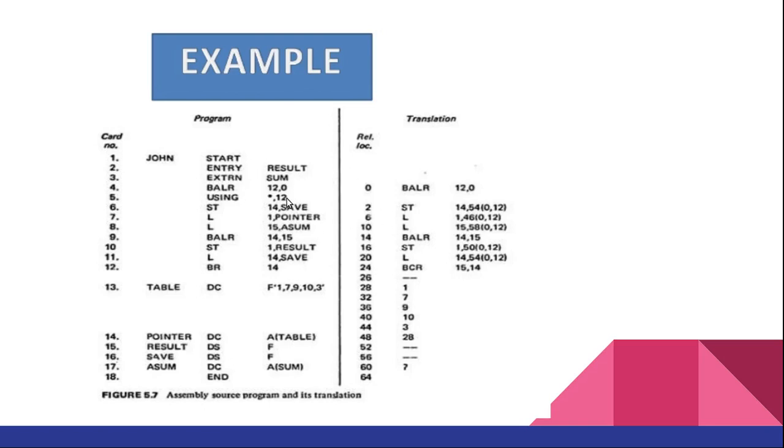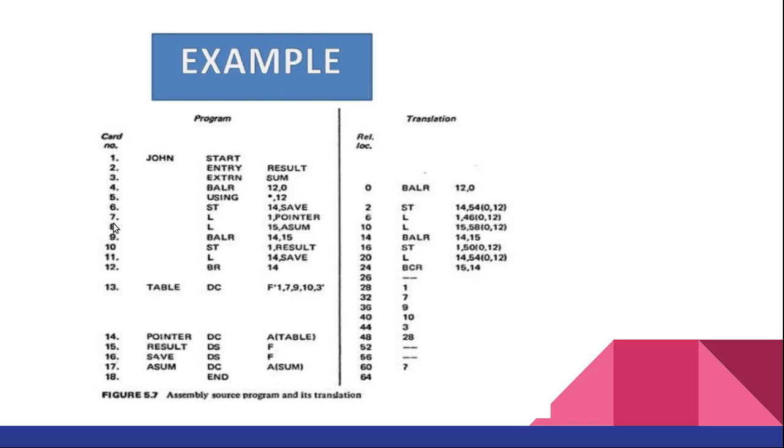We have another symbol sum, declared using the EXTERN pseudo opcode, which means the symbol is defined outside the program but referenced in the present program.